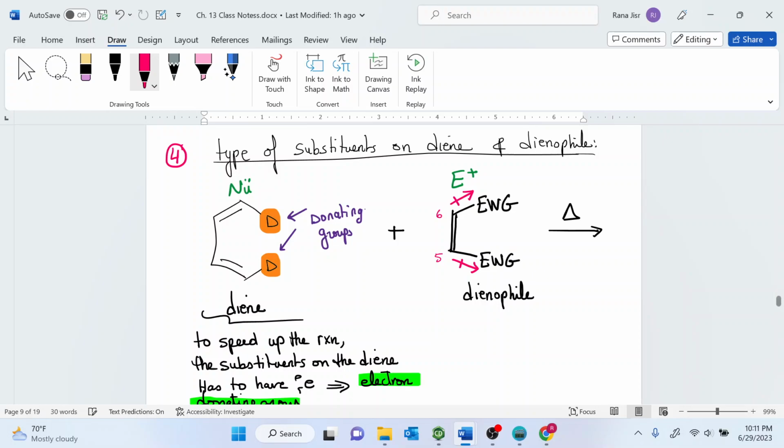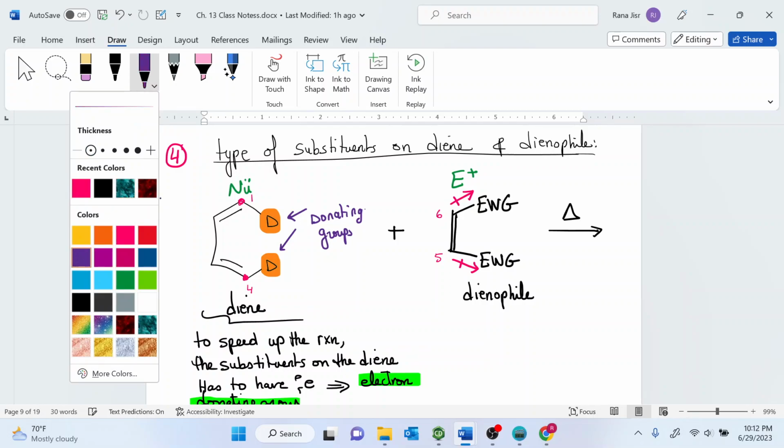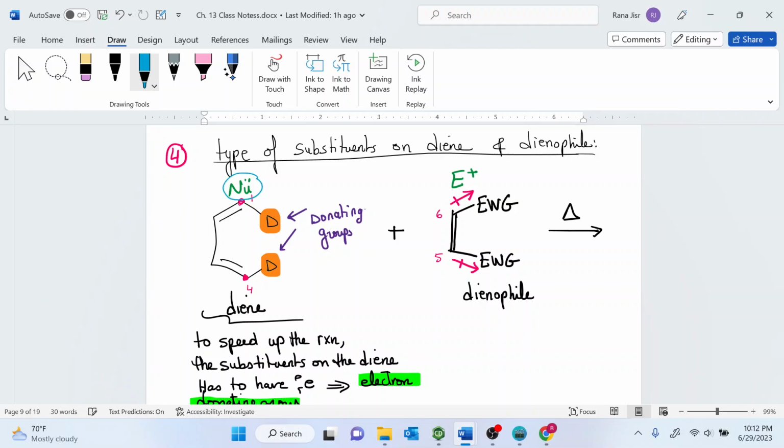Now on carbons 1 and 4, we have different types of stereochemistries in there. And we said that whenever they are both in, means that you need to show them in front. Out means that you need to show them behind. So this is what we said, and this is between carbons 1 and 4. Okay? Now, we said that whenever we started the reaction, that dienes are simply our nucleophiles, and dienophiles are our electrophiles.